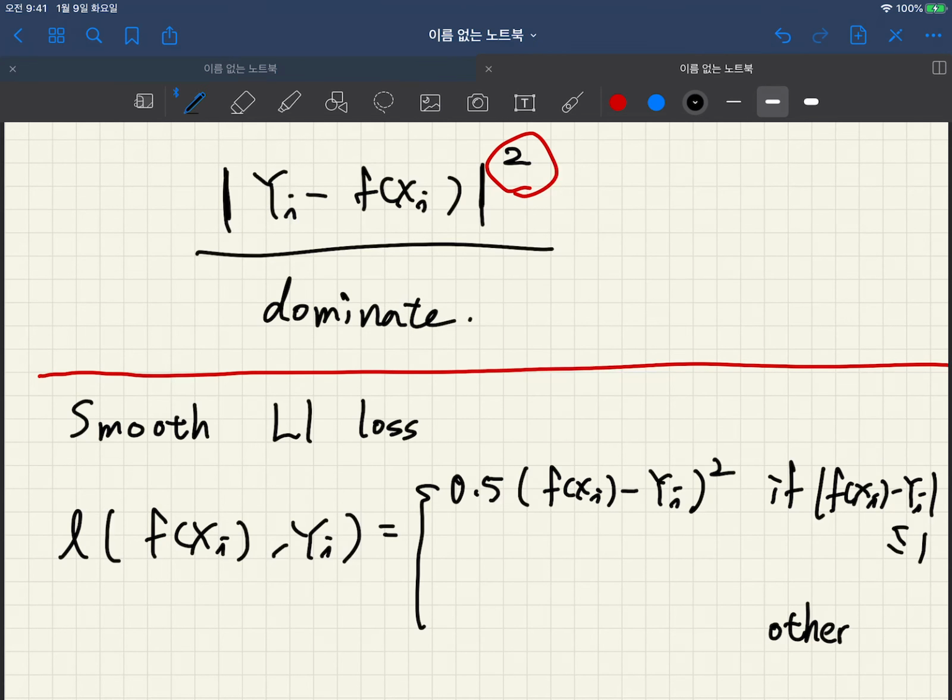Otherwise, the absolute value of f(x_i) minus y_i, minus 0.5.